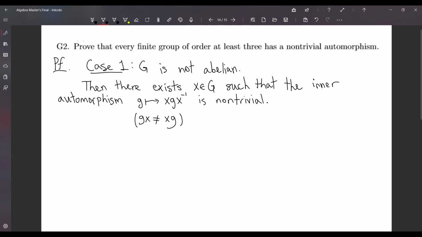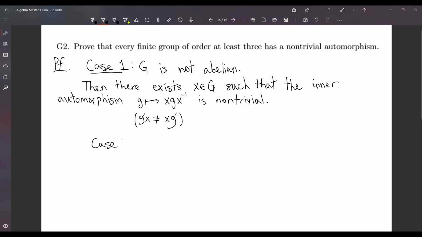But if it's not abelian, that means that this is false for some X and G. So we just have to pick one of those group elements to define our inner automorphism on, right? And this is for some specific G, I should say. It doesn't have to be not true for every G, just for one specific G prime. So that's the first case.